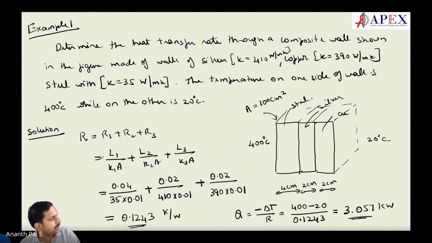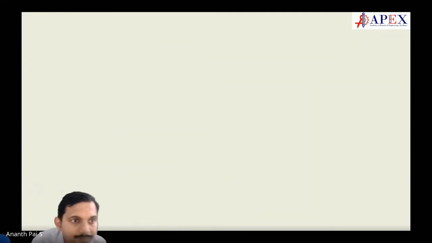Next question. I hope you have written this down. Now the next point is you have to determine the temperature at the interface between steel and silver. That is the next point we will do. Okay. Now example 2.